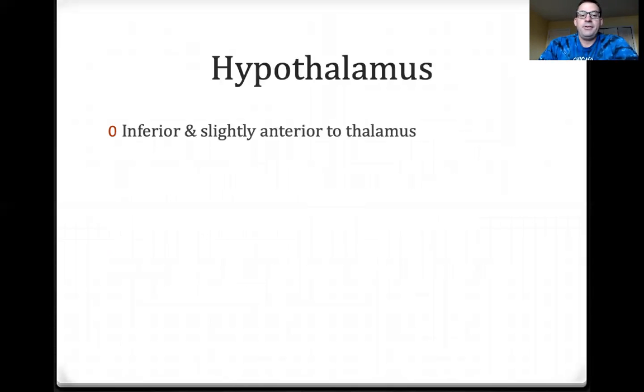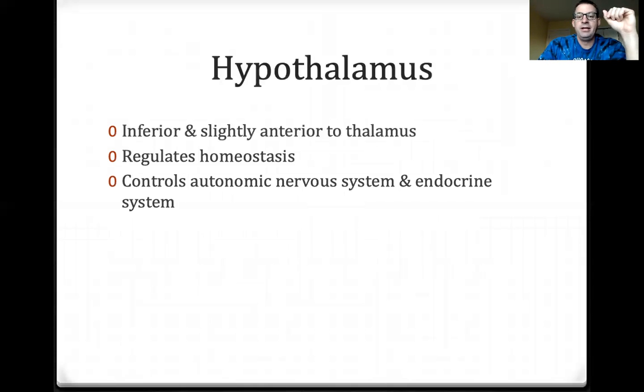The hypothalamus, like we saw in that picture, is inferior and slightly anterior to the thalamus, and it regulates homeostasis. So the four F's: fight, flight, feeding, and fornication. Those are the four F's that they talk about in psych, if you've taken psych, that are controlled by the hypothalamus.